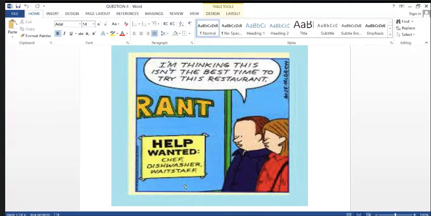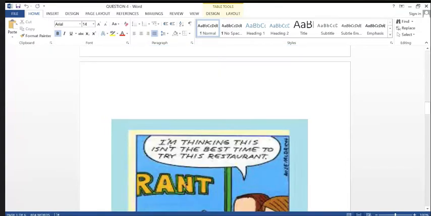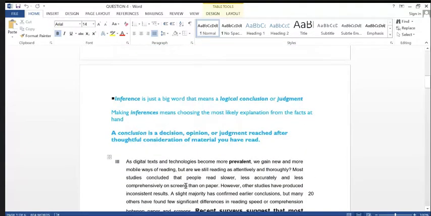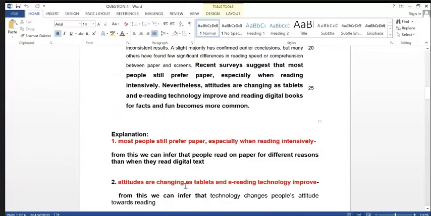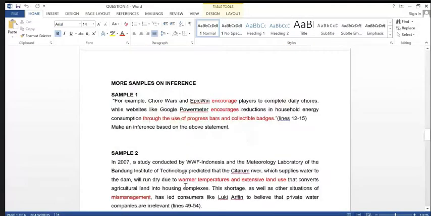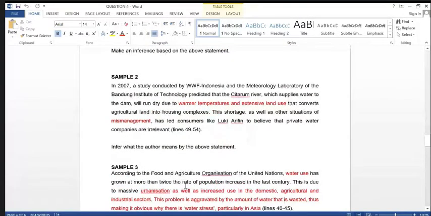Okay, now let's look at another example. Just bear with me because this is not easy, so I feel that we need to have more examples. Now let us focus on sample 2. Okay, you see on my screen sample 2. Infer what the author means by the above statement. What is the statement? In 2007, again, this is about the water shortage here, students.